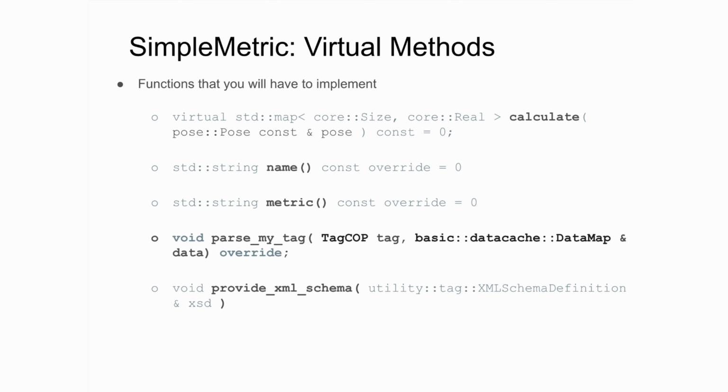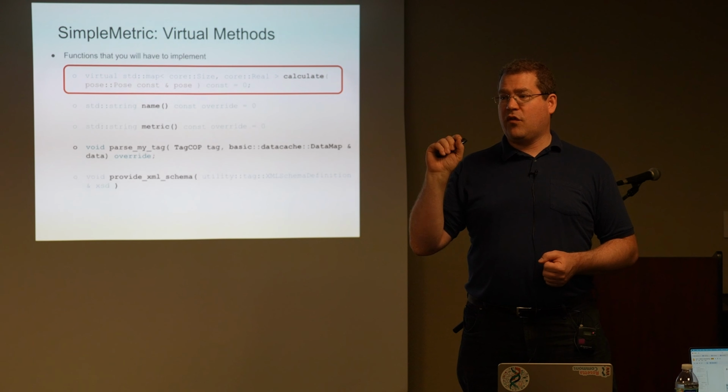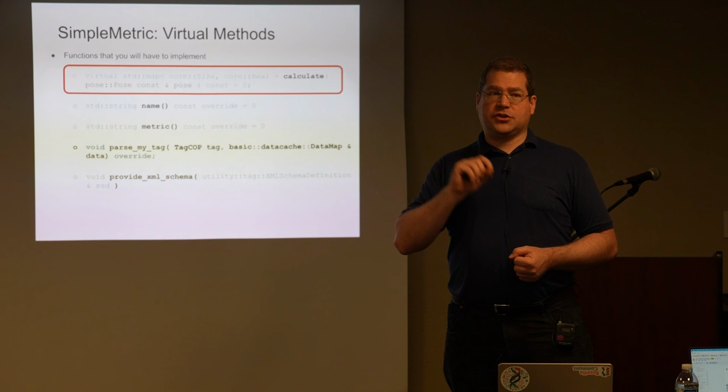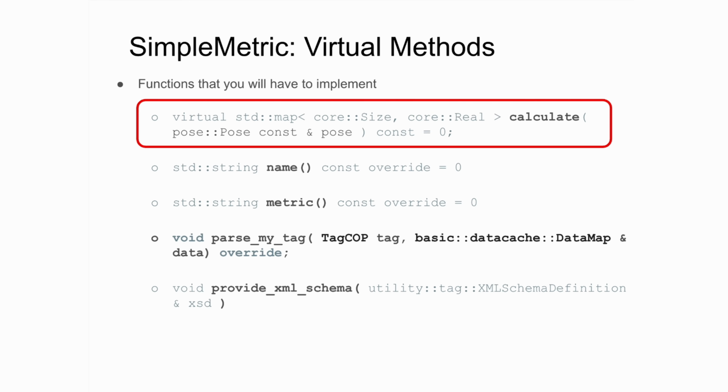And much the same, provide XML schema, parse my tag, there's some name information. But the one thing that is different here is which function you're going to override in order to provide the functionality. Specifically for mover, that was the apply function. But for SimpleMetrics, this will be the calculate function.